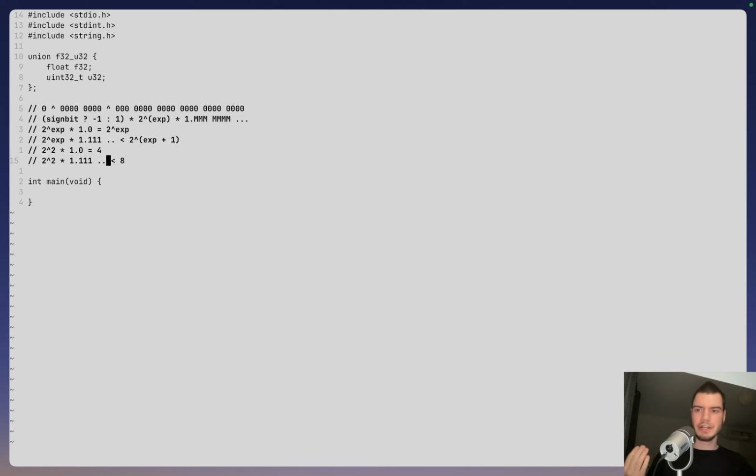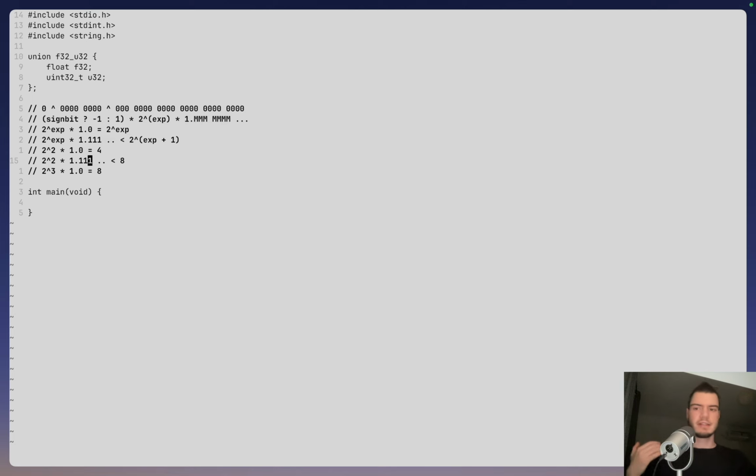Imagine if our exponent were actually 3. In that case, we would have 2 to the power of 3, so 8. And this is the interpolation that I was referring to. Just to have the reference, the next exponent is 3 multiplied by 1, we just get 8.